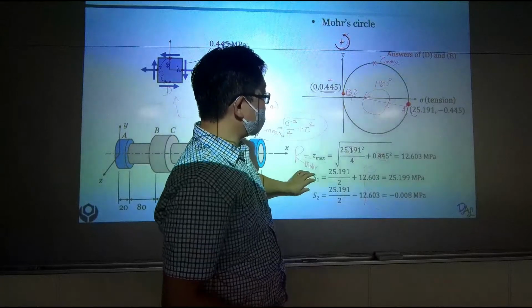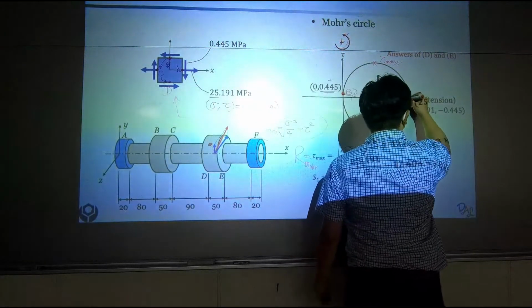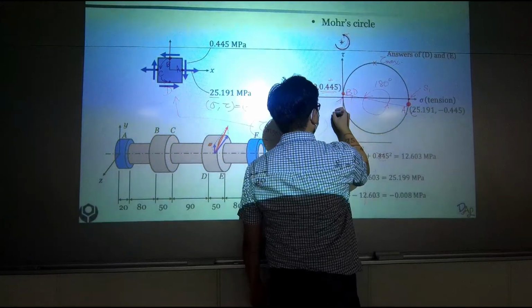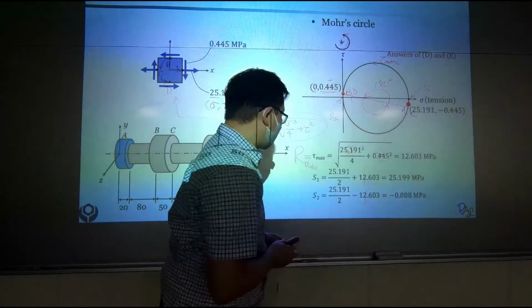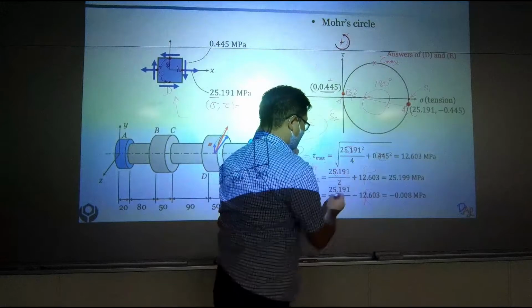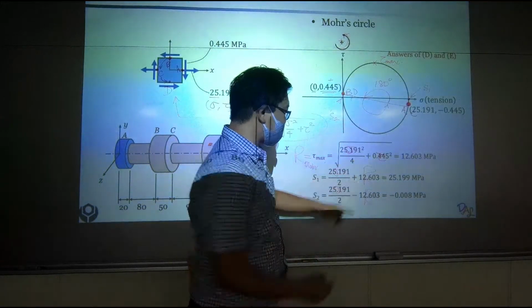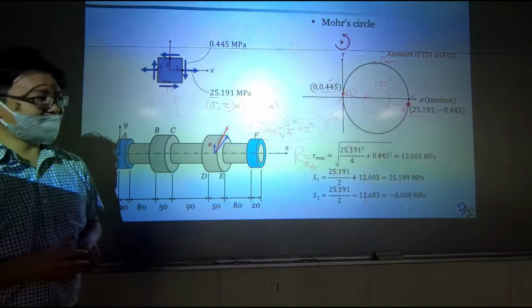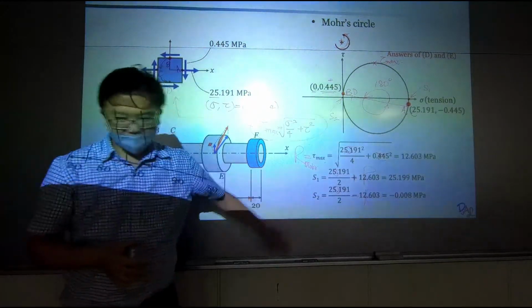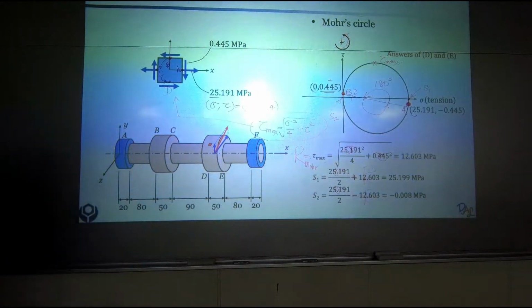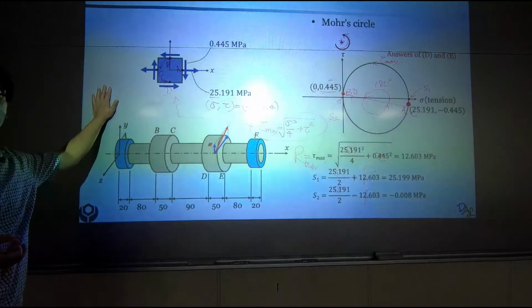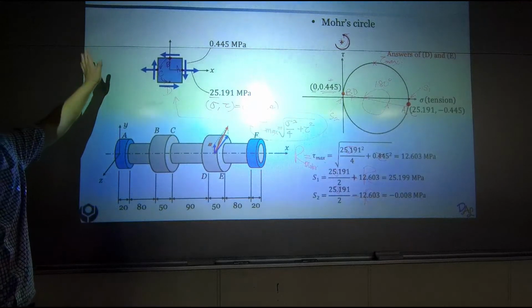So what you need to do for the first principal stress and the second principal stress is to use half of the sigma plus the radius and also minus the radius, then you can get the first and second principal stress. And that's how you solve the entire problem with this long process.